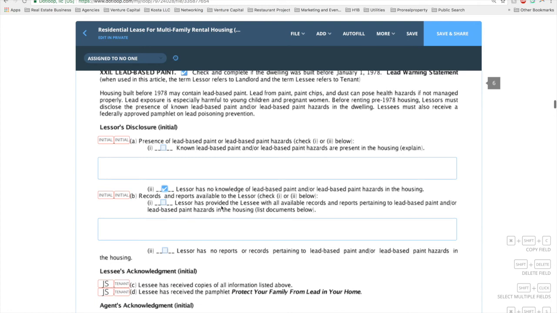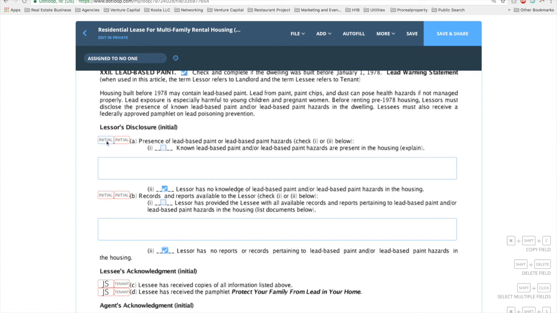Lessor has provided the lessee with all available records and reports pertaining to lead-based paint or lead-based paint hazards. They don't have records, so we don't have to check here, but if they do have records, please make sure you checked it and the records has to be provided. Lessor has no reports or records, so here we check that one.